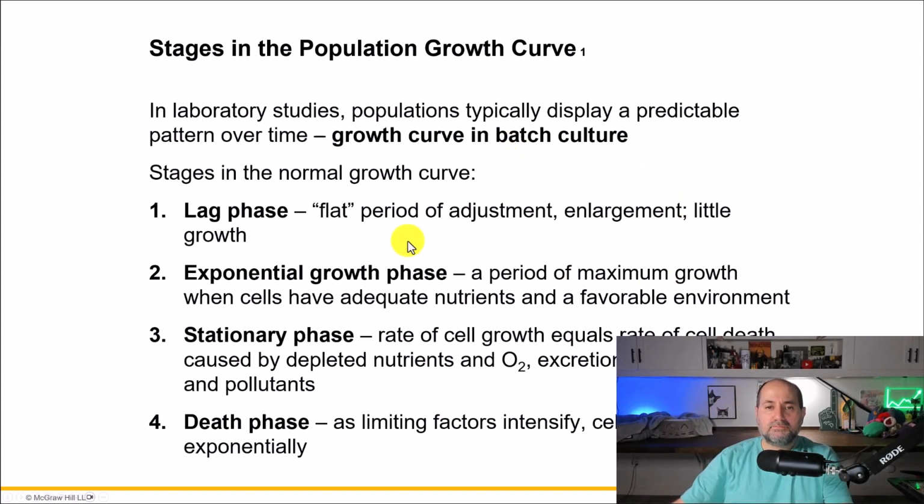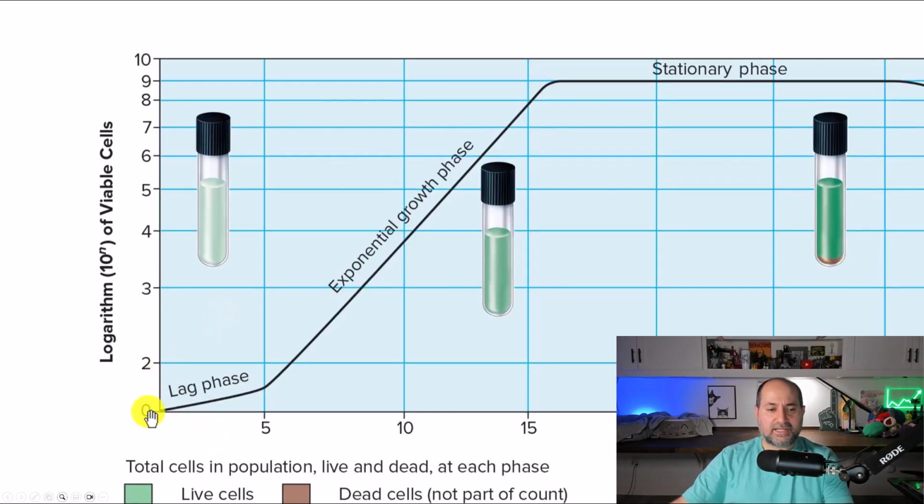So when you put bacteria in such an environment, there are certain phases that occur. The lag phase, the exponential or logarithmic growth phase, the stationary phase, and then the senescence or death phase. So when you add bacteria to a broth, the lag phase is a period of little or no bacterial growth that occurs. And the reason for that is because the bacteria are adjusting to their new environment.